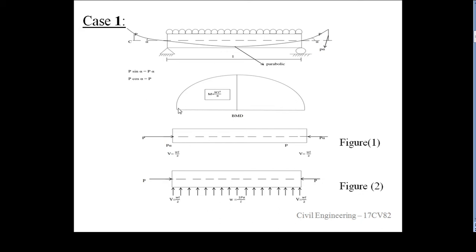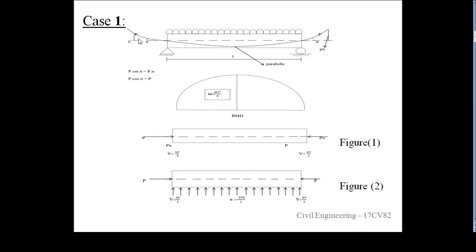We get this bending moment in a parabolic form upward; we provide the cable downward to nullify the bending effect acting on the beam due to external loading. This is M equal to WL square by 8 at the center.